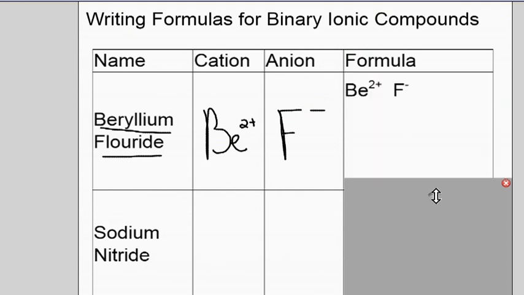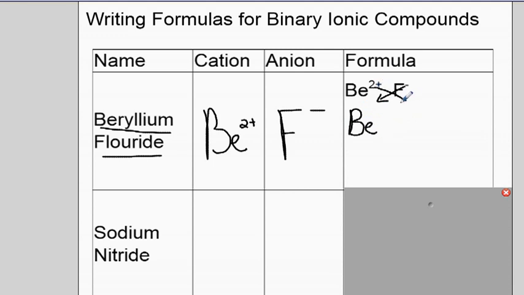To write our formula, we can use the cross-down method. The number that the F has, which is a 1, can cross down to become what's called the subscript for beryllium. So the formula would become Be. Now in chemistry, we don't write 1s down, so I'm not going to write the 1 down.